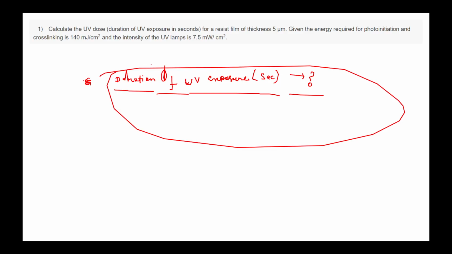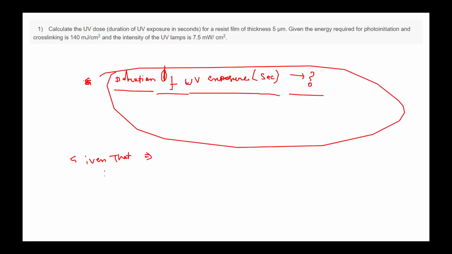Yeah, hope you have tried. So let us discuss this. Firstly, we will write the given data.